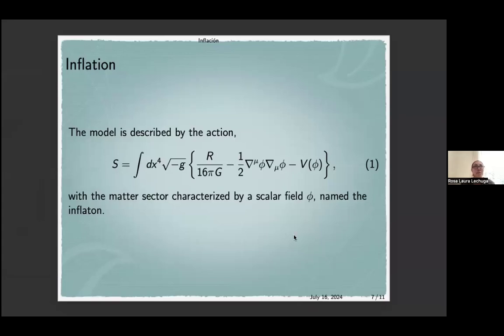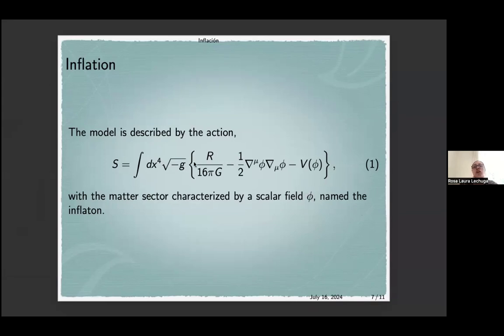There are many ways to work with the inflation. For me, this is the clear option to work with this expansion. And let me show you what role this scalar field plays here.